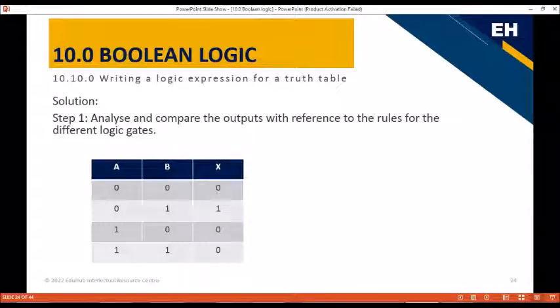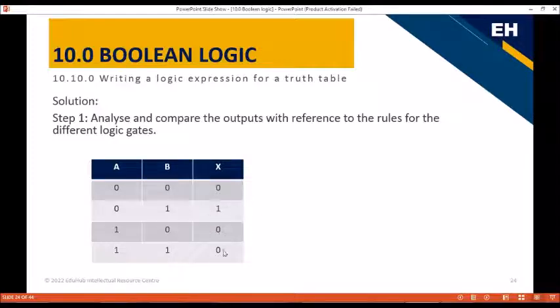And of course, the XOR gate states that the output becomes 0 when both inputs are similar. So we have 0, 0 at the first level, we have 0. And we have 0, 0 at the first level, 0. So we do not have 1 here, which violates the rule.